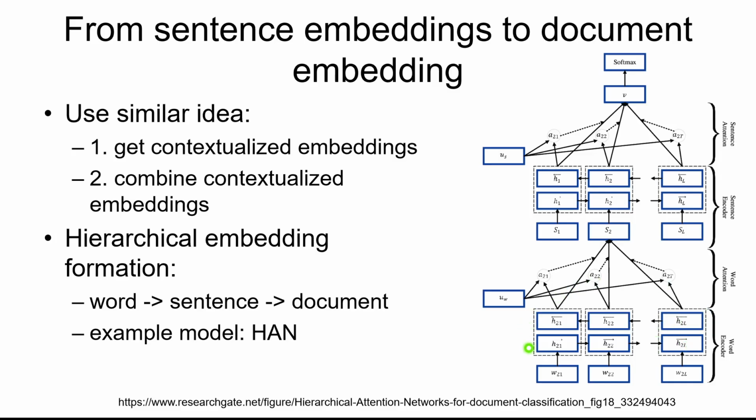The first step is to form a sentence embedding from word embeddings, and then it forms the document embedding from sentence embeddings. After these two steps, we get the final document embeddings, which are used for the classification problem. By doing this, they found that it beats the existing models at that time and achieves state-of-the-art performance in the document classification task.